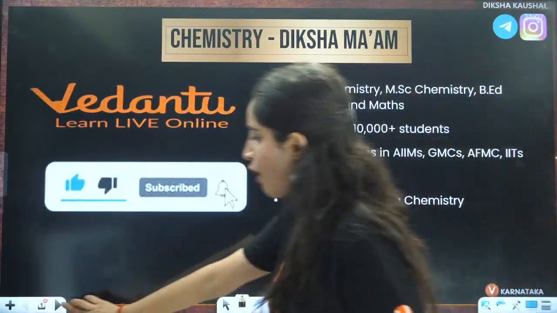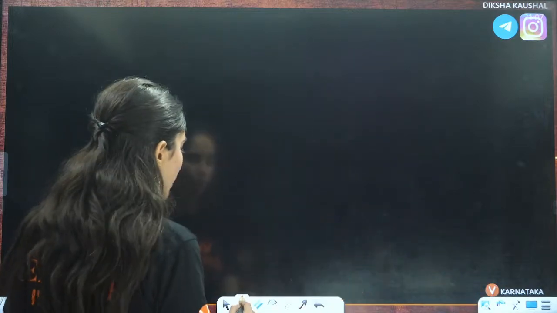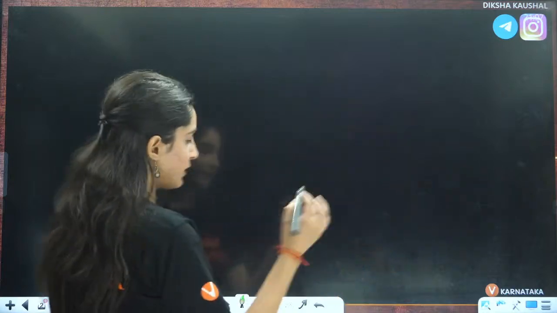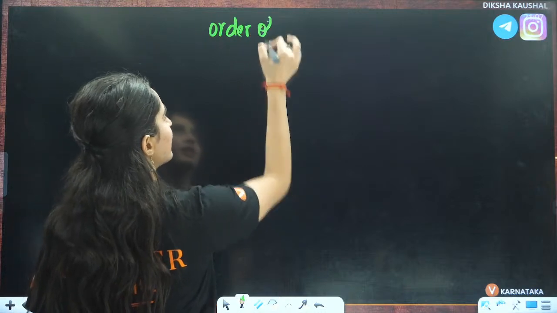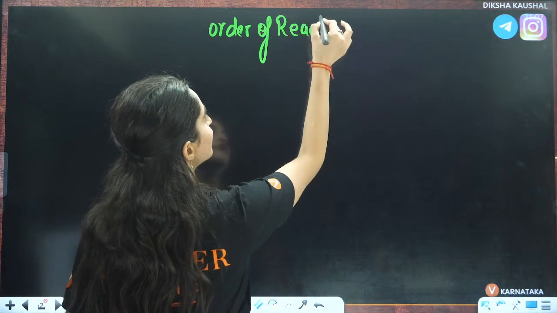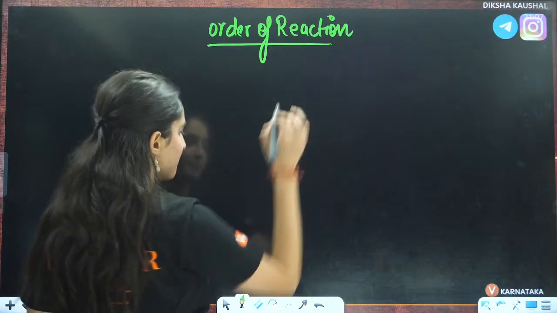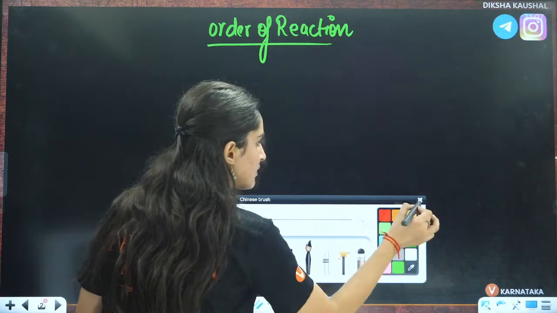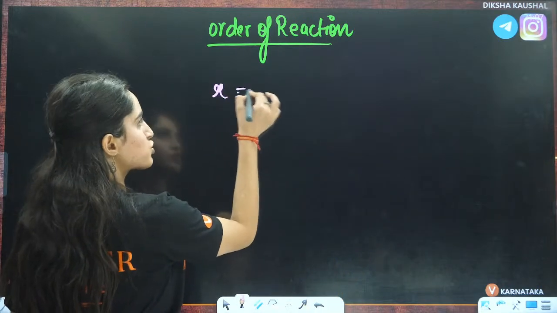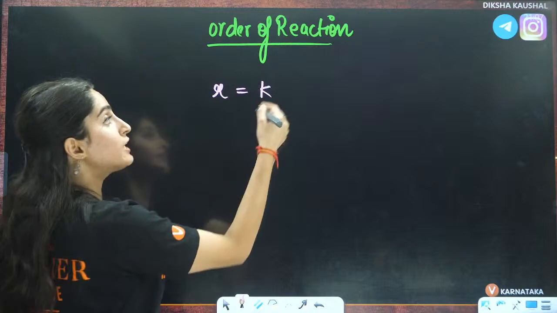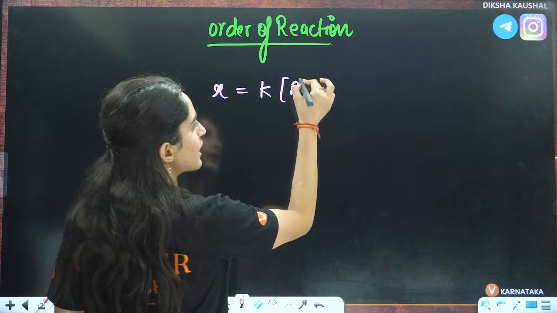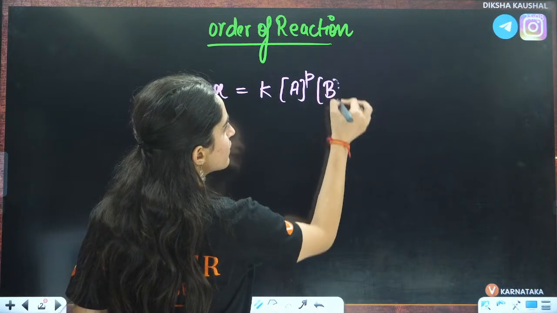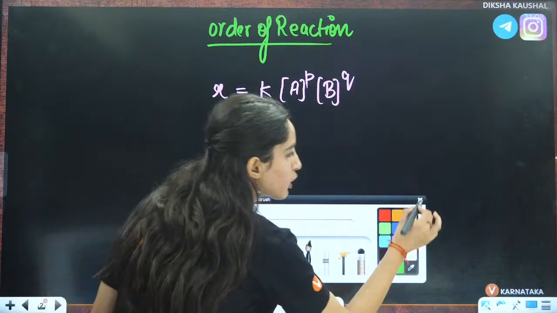And here is your first thing. Everybody, firstly, we are going to talk about what was the order of the reaction. Let's recap something. For example, I am saying that in some chemical reaction, you have rate of reaction R equals rate constant times the reactants, which I am assuming as A and B. This is A raised to power P, this is B raised to power Q. Now, what is going to be the order of the reaction?